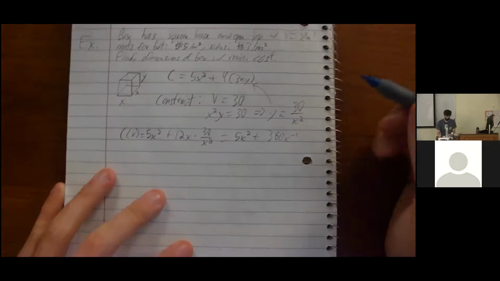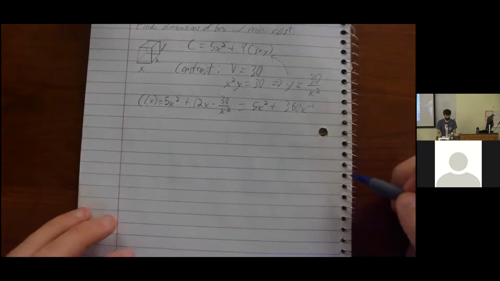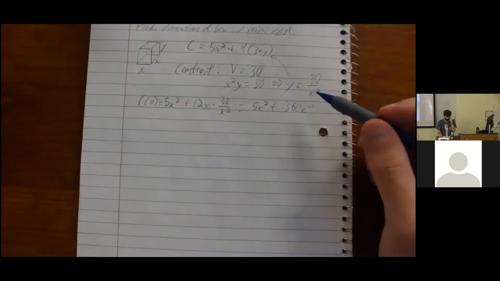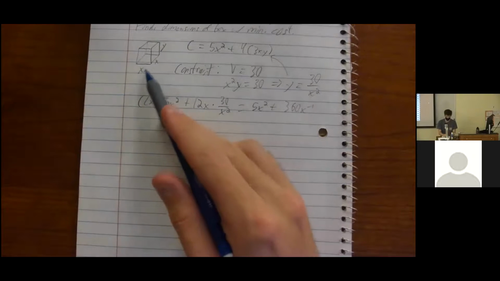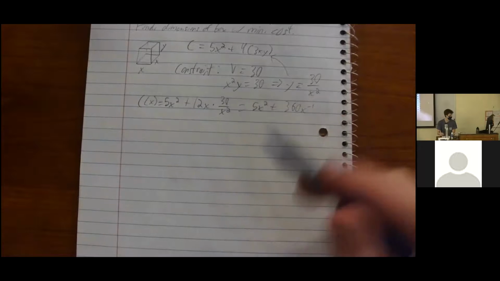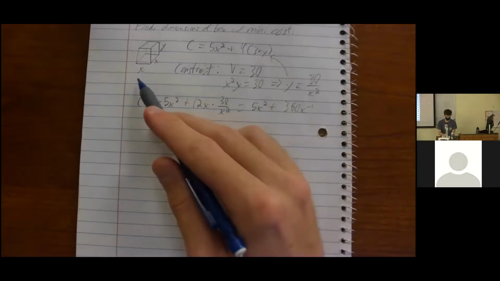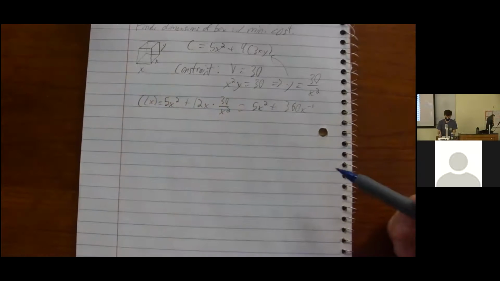So right now, we basically have a way to determine, given some value x, the cost of it. This function moves up and down depending on what x value we plug in, right?